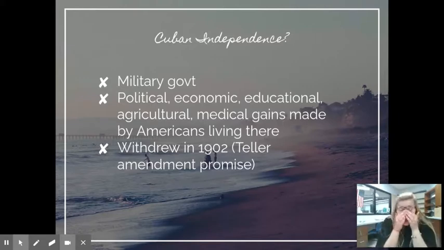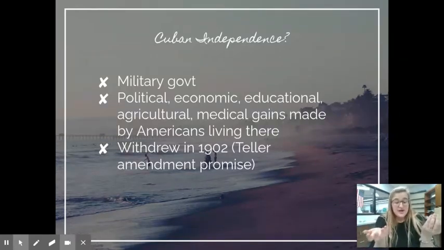There was a giant flu epidemic during the Spanish-American War. And even insect-borne diseases that happened during this time period, America kind of helps inoculate and, not cure, but stop the spread of disease in Cuba. So some good things are happening there, but essentially they promised freedom. So in 1902, the U.S.